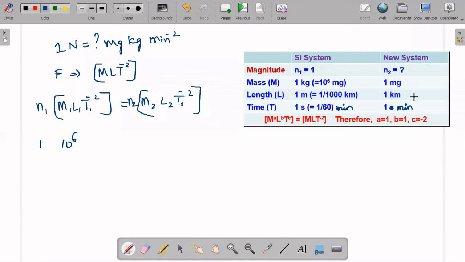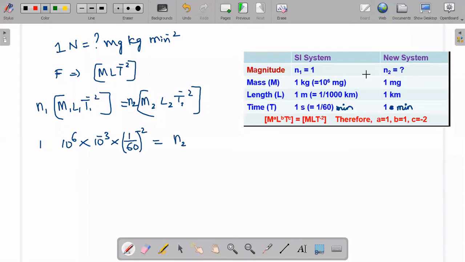Both sides have the same units, so I am not mentioning mg again. L1 is 1 by 1000 kilometer, that is 10 to the power of minus 3. T1 is 1 by 60, to the power of minus 2.